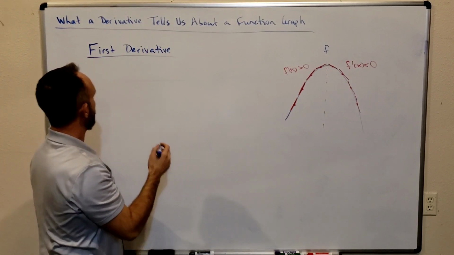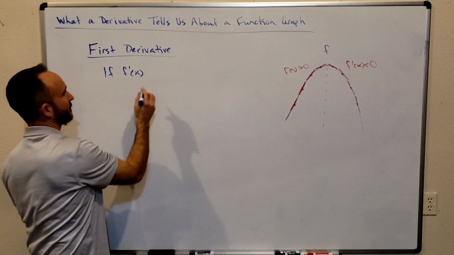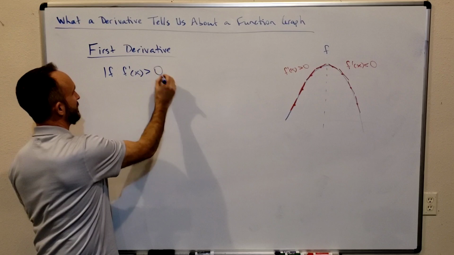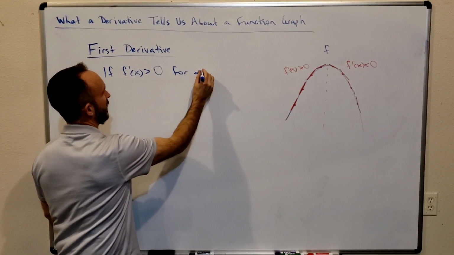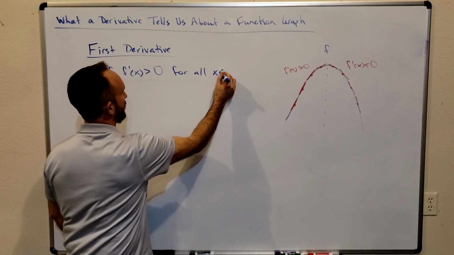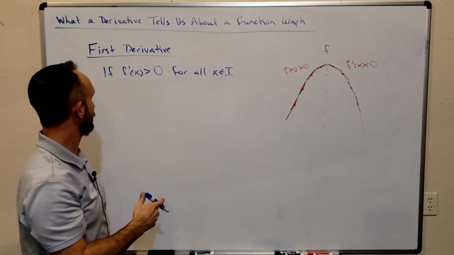So the first derivative tells us, if f prime of x is greater than 0 for all x in some interval, I'll call it capital I, you might want to label that as some interval.